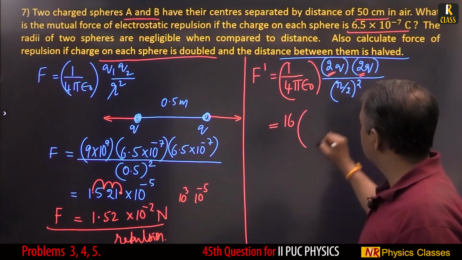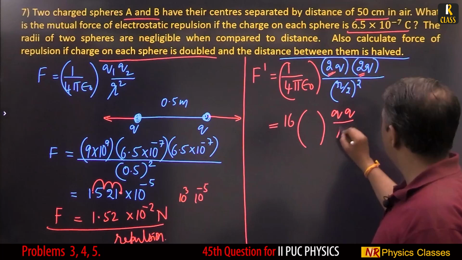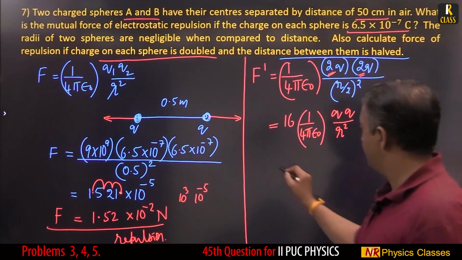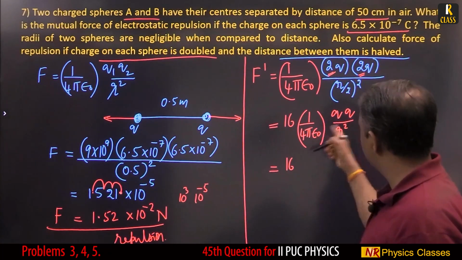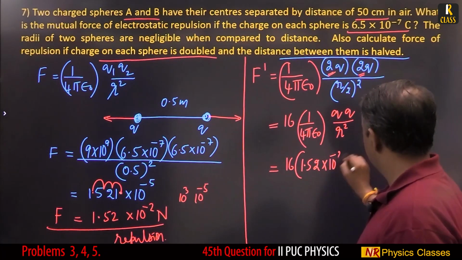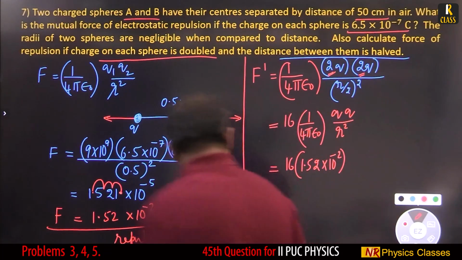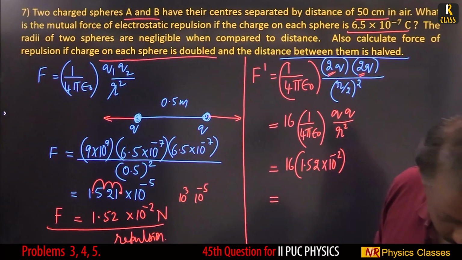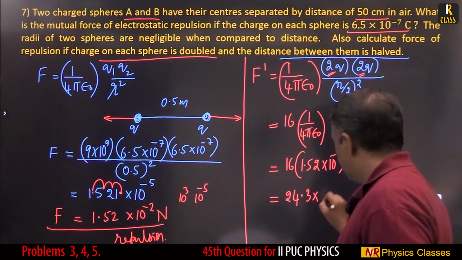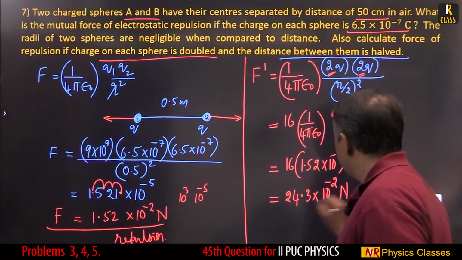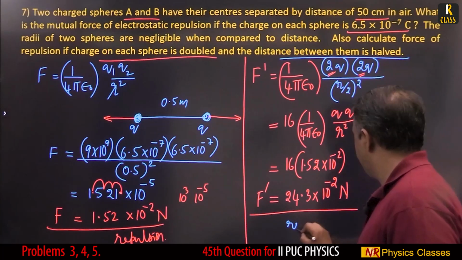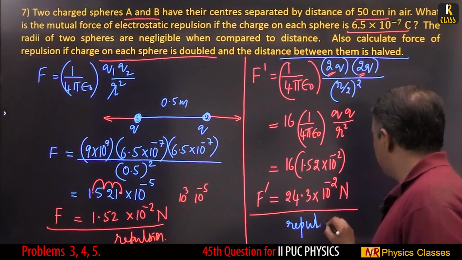So it is 16 times the constant q by r square. This is 1 by 4 pi epsilon naught. You can also write k. 16 times what we have calculated, 1.52 × 10^-2, equals 24.3 × 10^-2 Newton repulsion. Again F dash, repulsion.